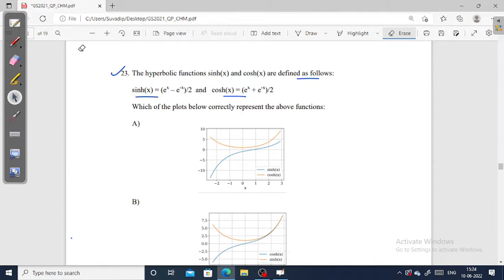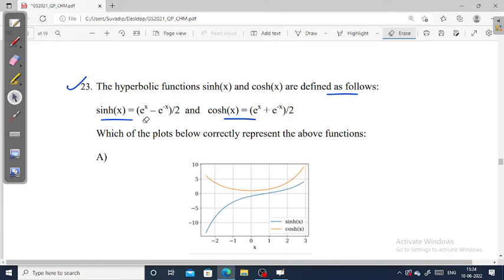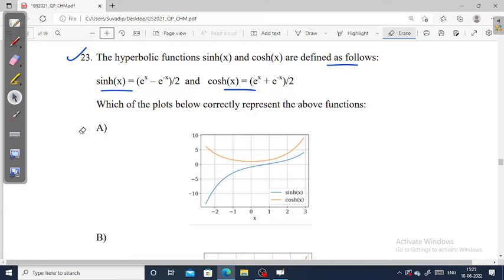So let's see which option is matching our information. Here the first option is this one. Here the blue curve denotes the sine function and the orange curve denotes the cos function.